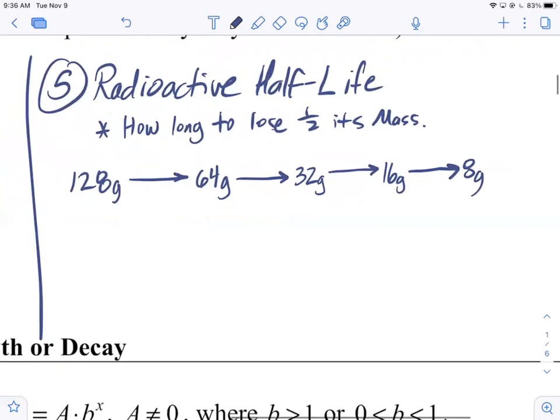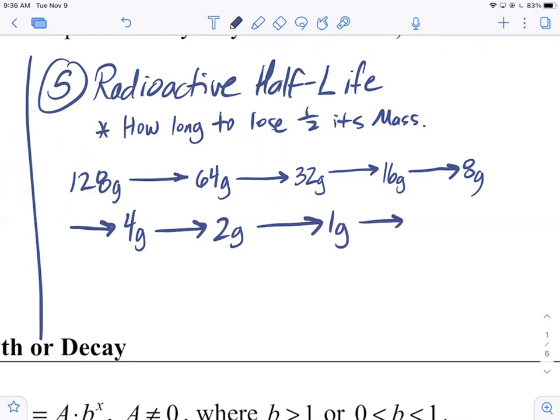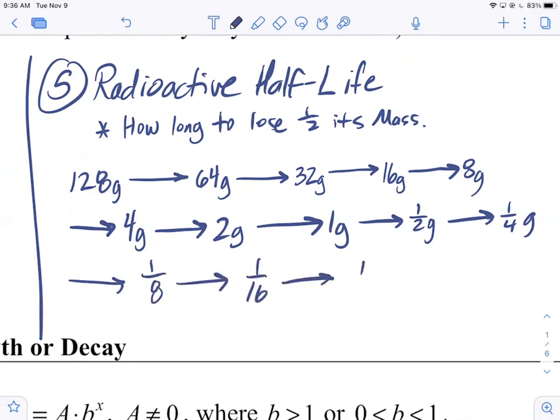I'm going to wrap around here. And then it goes to 4 grams, and then 2 grams, and then 1 gram, and then a half of a gram, and then a fourth of a gram, and then an eighth, a 16th. Holy crap, a 32nd. Is it ever going to hit 0? It's approaching 0, but will it ever be 0?